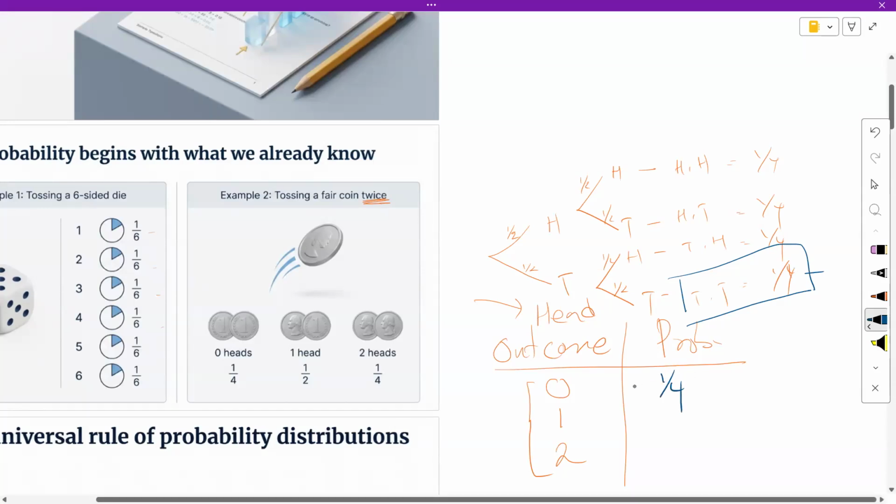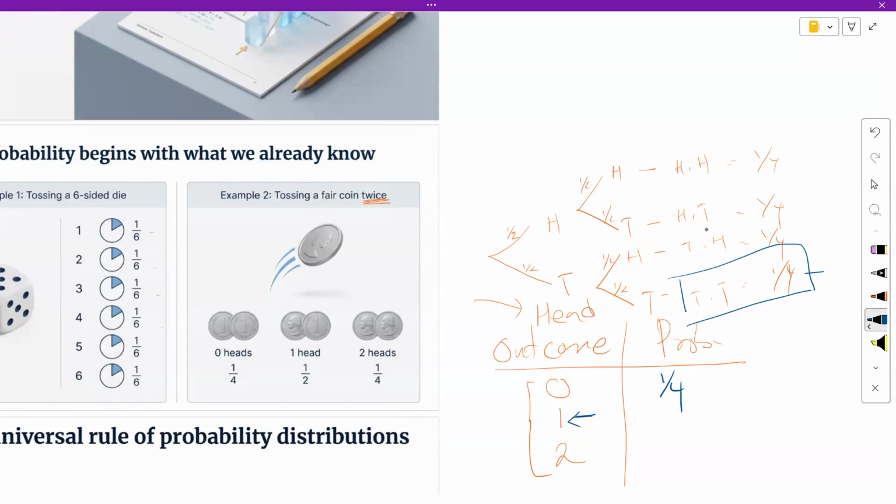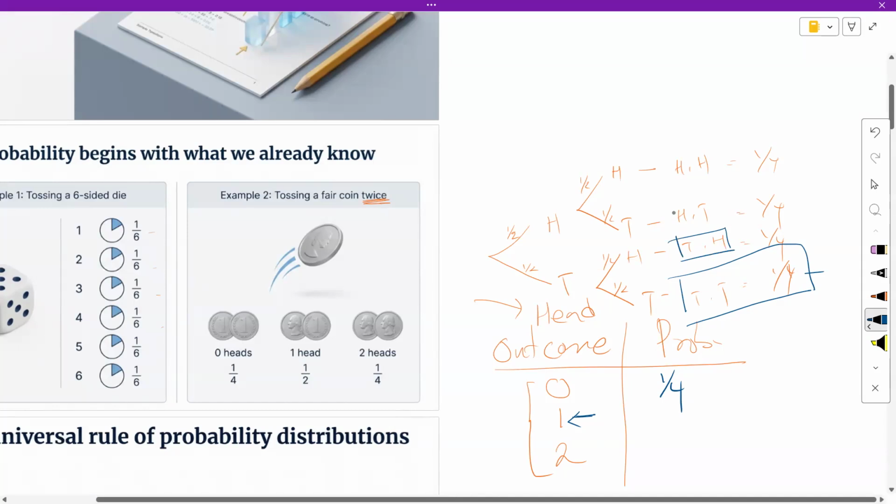Second, the probability of getting exactly one head. Here we get exactly one head in two outcomes, so 1/4 plus 1/4 gives 2/4, which is 1/2.